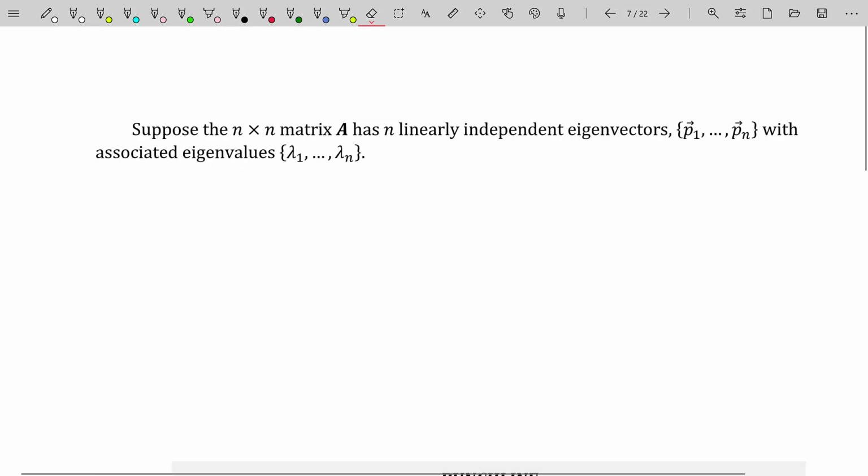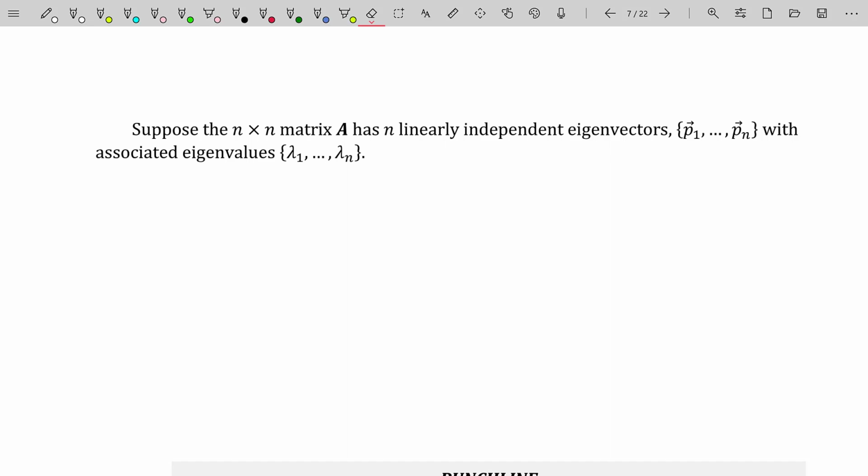But let's suppose instead that we have a square matrix A with n linearly independent eigenvectors P1 through Pn, and that we know the associated eigenvalues, lambda 1 through lambda n. What could be the result of that?